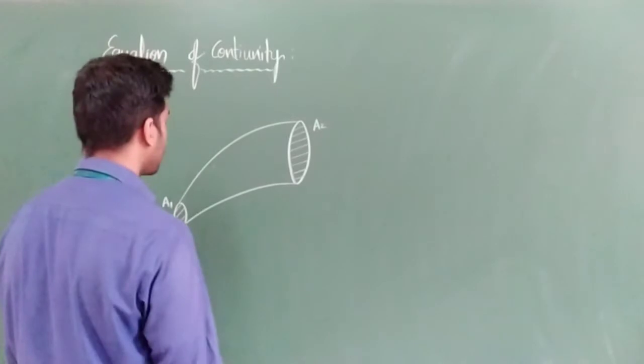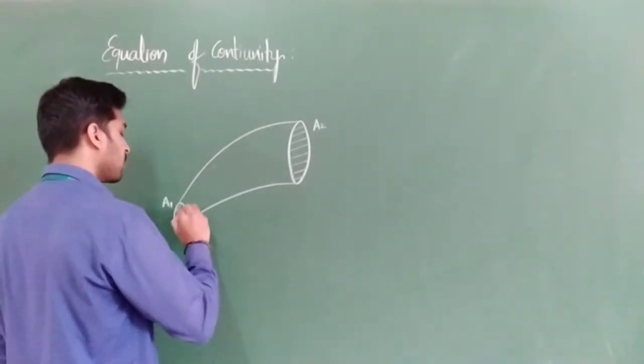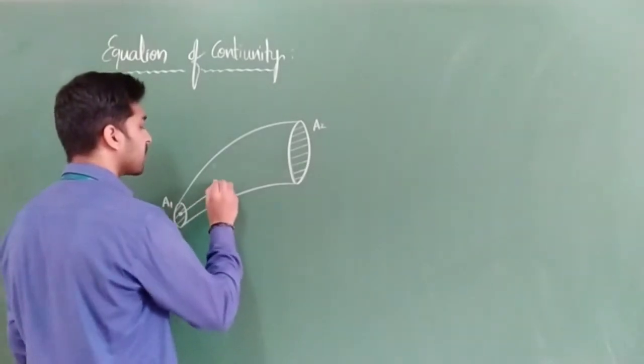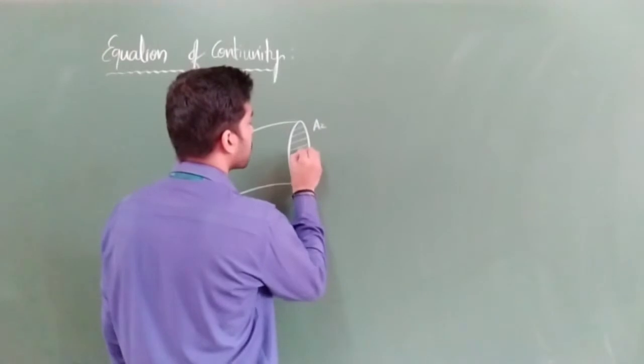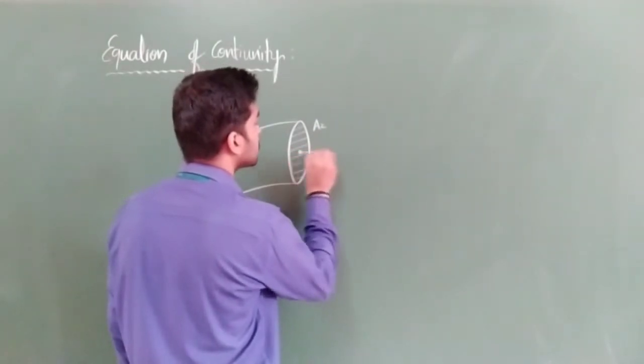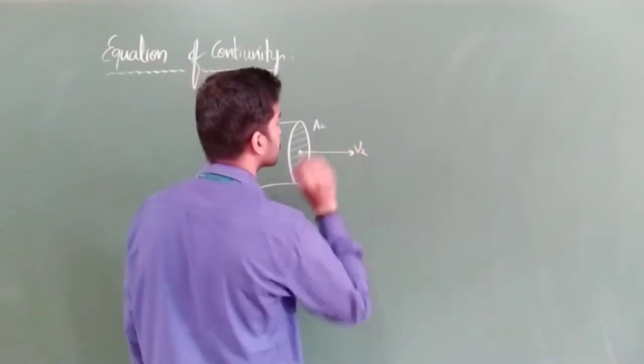Next, at this point velocity is v1. Clear? And at this point velocity of the fluid particle is v2.